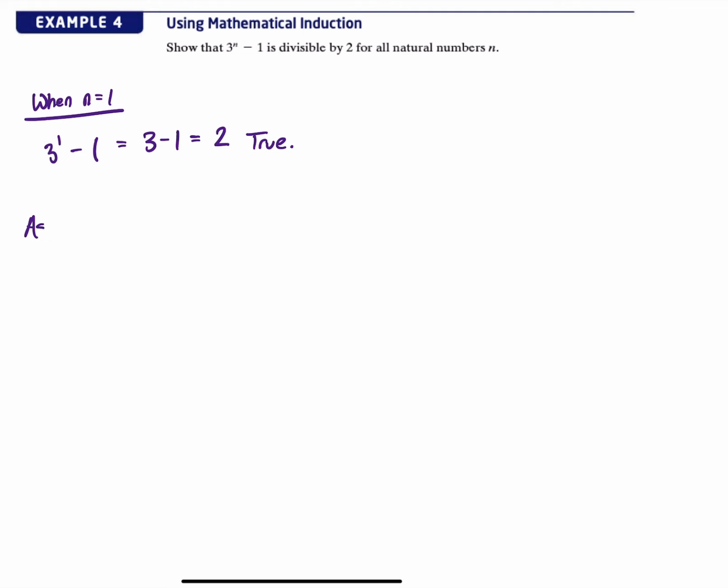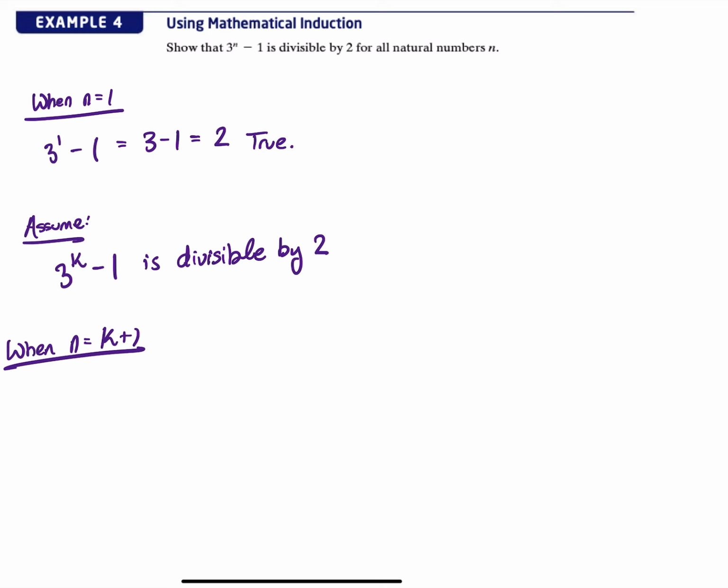So now let's assume that it's true when n equals k. So we'll assume that 3 to the power k minus 1 is divisible by 2. So now let's look at when n equals k plus 1. This one's a little bit tricky.